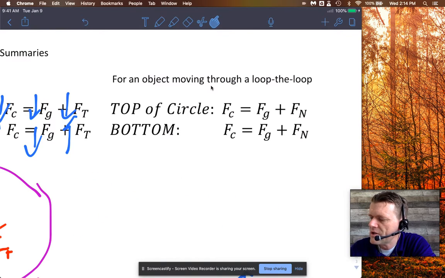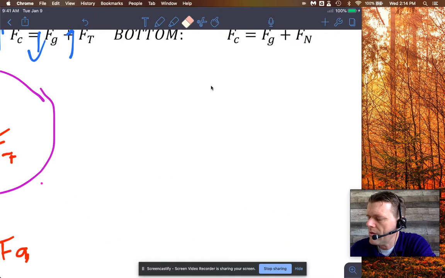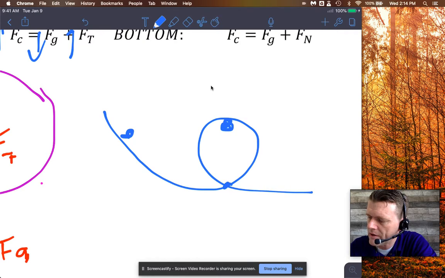Instead of tension in a cable or in a string, we don't have any tension, but what we do have is the track itself. So if you had a nice loop-the-loop, like something like that, and you get a marble in there and send it through, it'll obviously go through the loop, but we'll consider its position right at the top and right at the bottom.